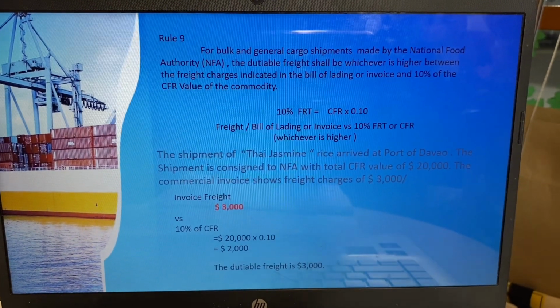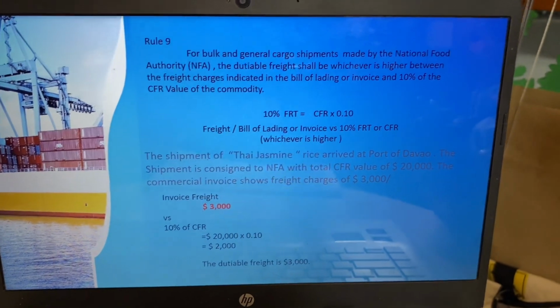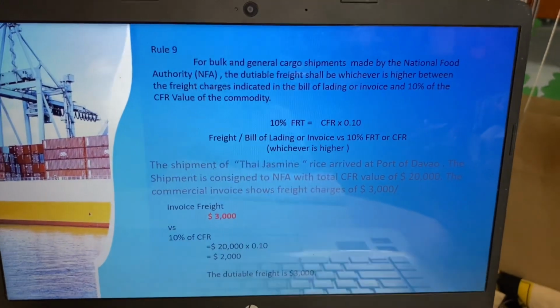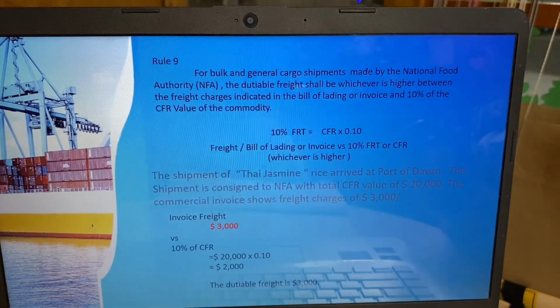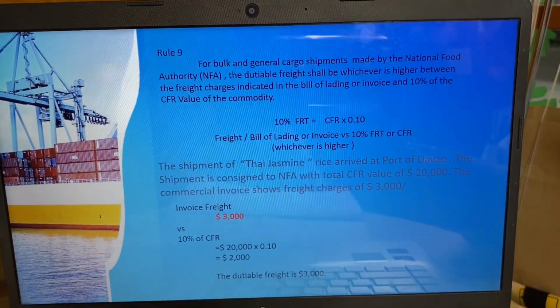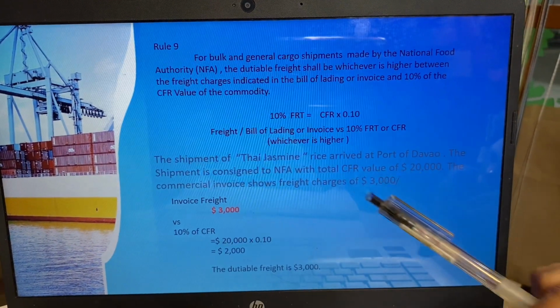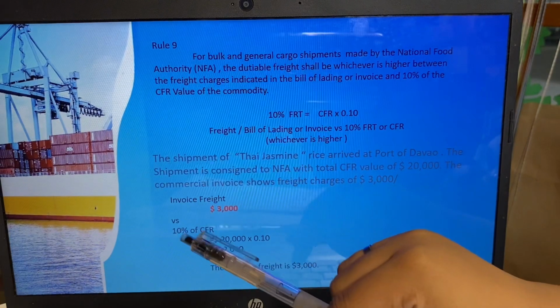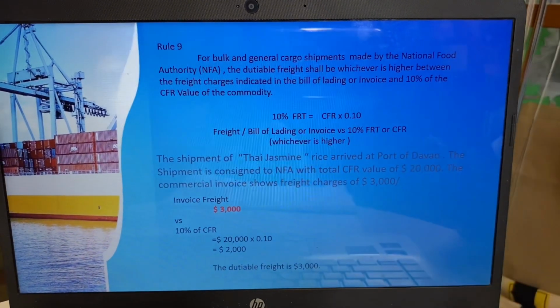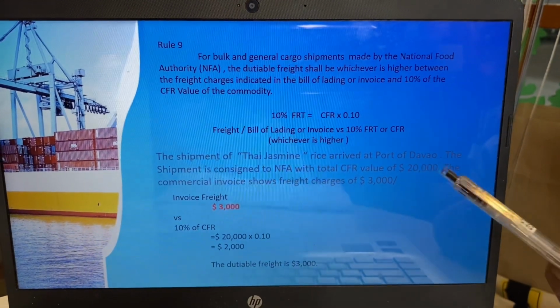So if the situation involves the National Food Authority, always remember our rule number 9. First, we're going to get our invoice freight. Our invoice freight would be $3,000 versus 10% of the CFR. The CFR here is $20,000.